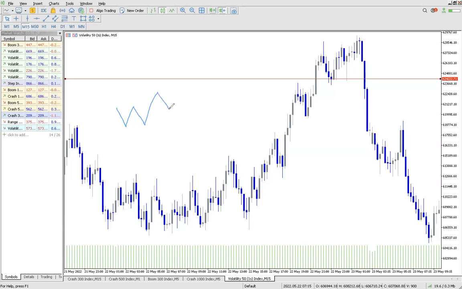Usually for the retracement, you put your Fibonacci here, right? And you put it here. And you are hoping to trade from the 50% and the 60%.